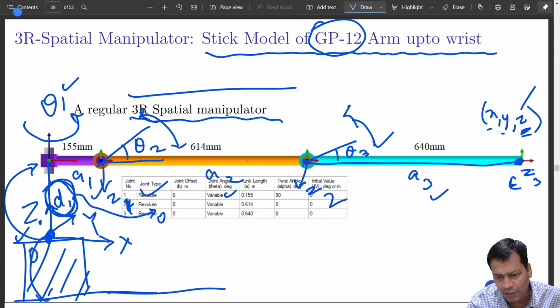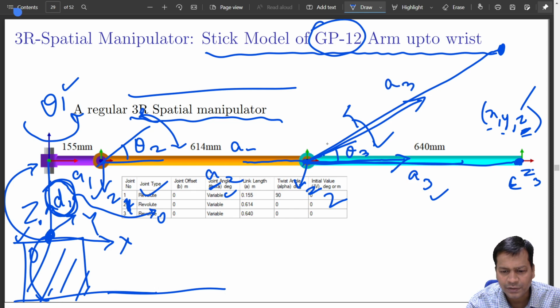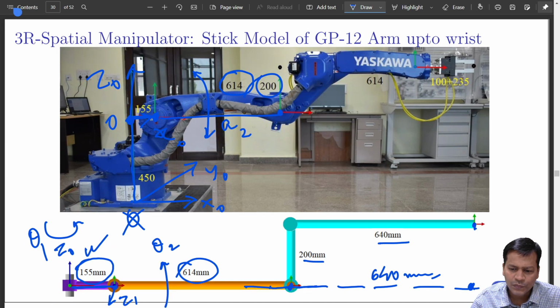So theta 3 is measured about the extension of this link. This link can be like this, it can go like this. So theta 3 is measured with the extension produced from A2. If you extend this A2, theta 3 we measure like this. It is the angle between two links.